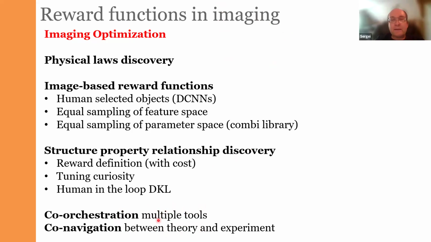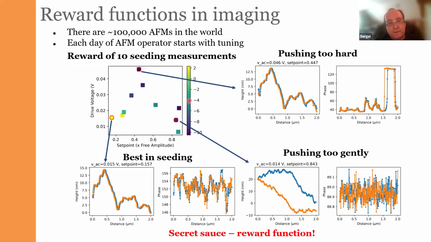So with this being said, let me illustrate some simple examples of the Bayesian optimization and show what the reward functions are. The simplest example is imaging. So for example, by now there are about 100,000 atomic force microscopes in the world. All of them are human controlled.